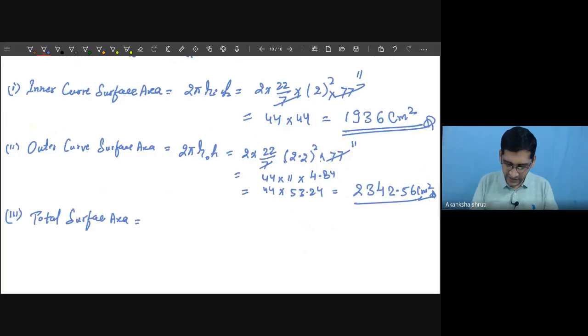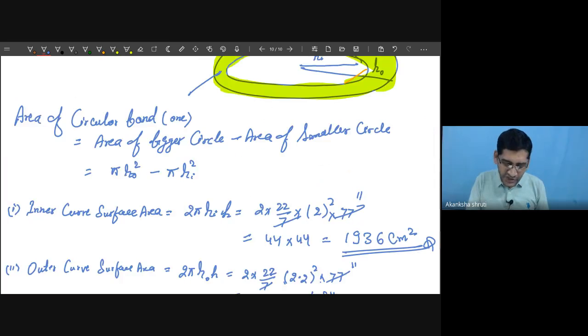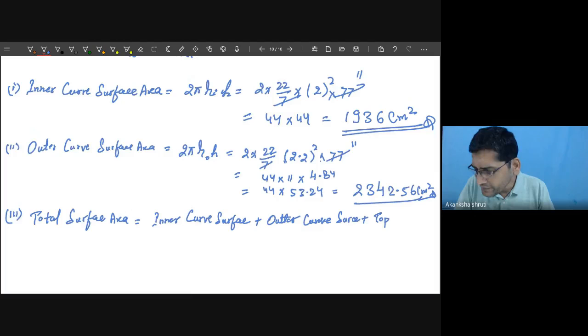So for calculating the total surface area, we need to calculate the inner curved surface plus outer curved surface plus the top circular band plus bottom circular band.